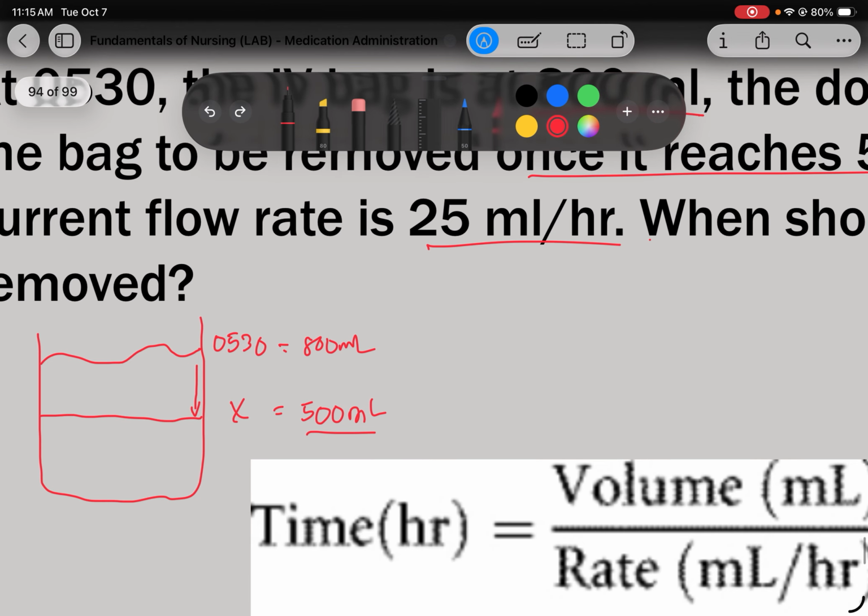Since we do not know what time it will take, but we know how much volume we need to remove, by subtracting 800 minus 500, what is it? 300 ml.